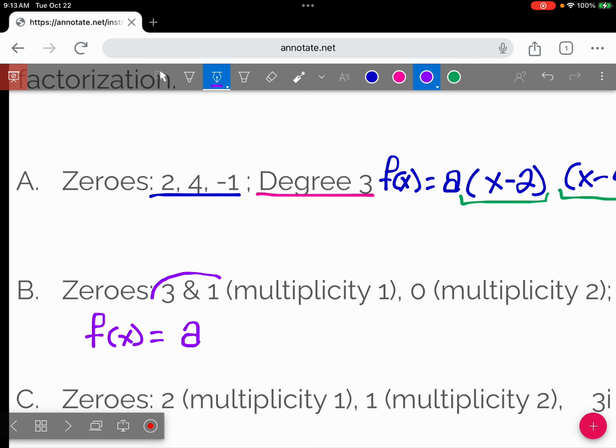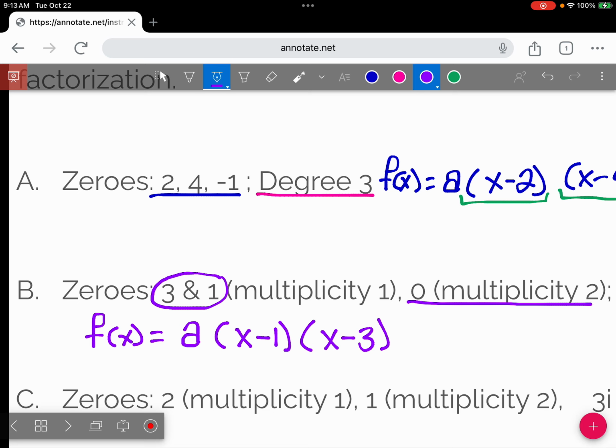How am I going to write the factors for 3 and for 1? X minus 1 and x minus 3. They have a multiplicity of 1. They're just regular factors. They look just like this.